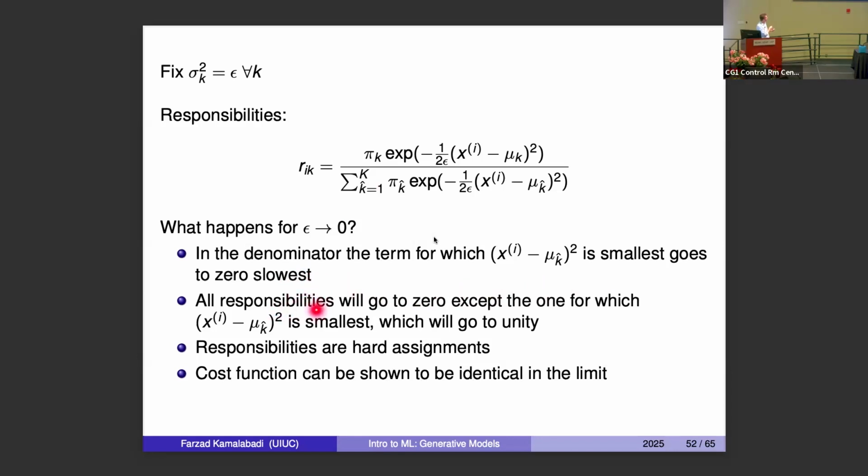And that means all responsibilities r sub ik go to 0 except the one for which this is smallest, which will go to unity. So what that means is that these responsibilities become hard assignments, and the cost function can be shown to be identical in the limit to the cost function that we had for k-means.